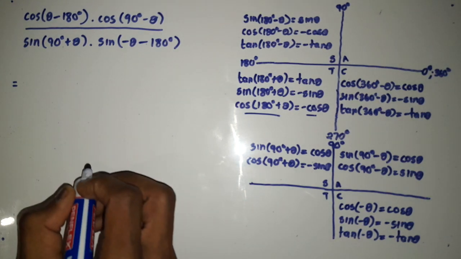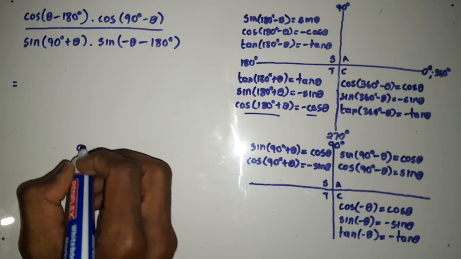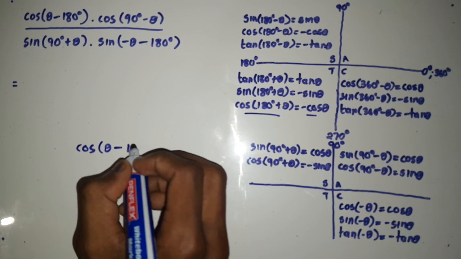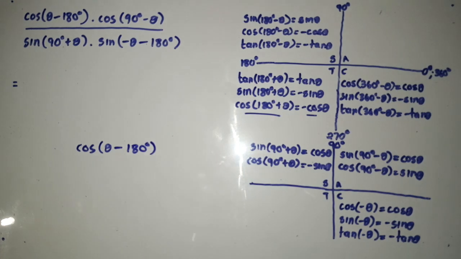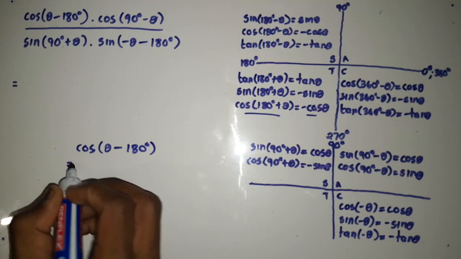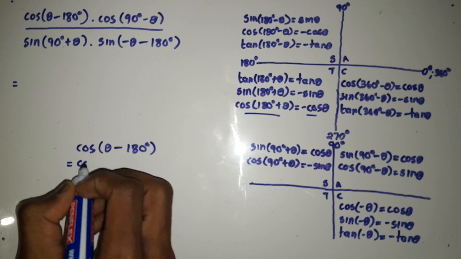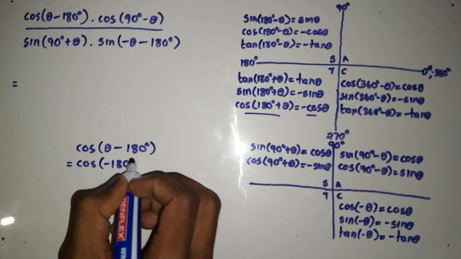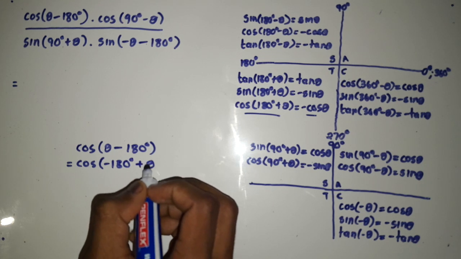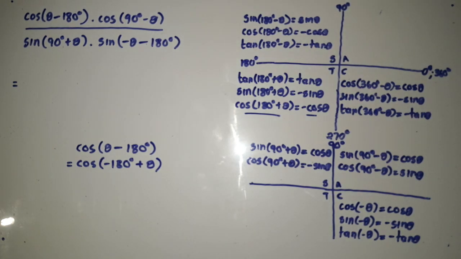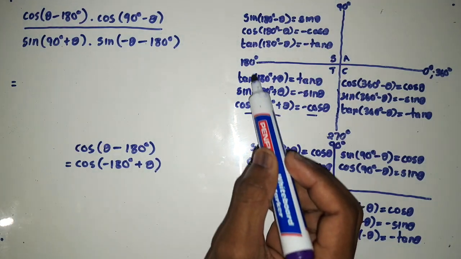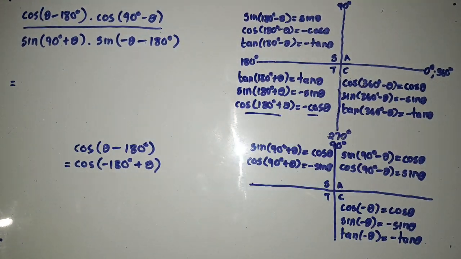It's like now I have cos(theta minus 180 degrees). Firstly, I'm going to resolve this into negative 180 plus theta. But still I don't have negative 180.